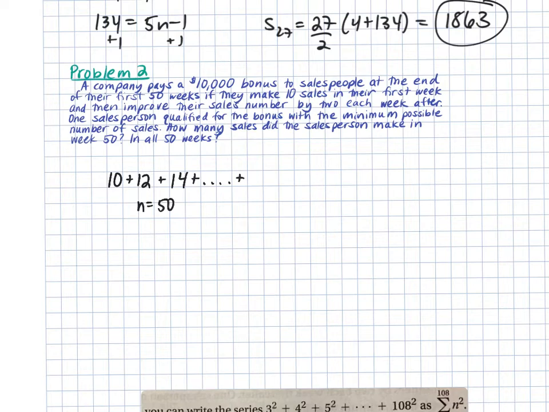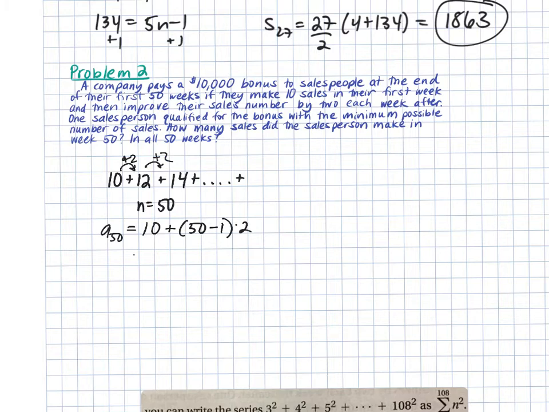And we also need the last term, don't we? We can actually figure out what the last term is because we want the 50th term. Instead of adding them up every time, what's our 50th term? It's going to be our first term plus n minus 1 times d, and d is 2 because it goes up by 2 each time.